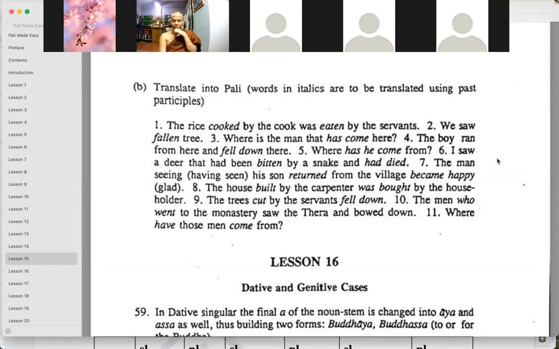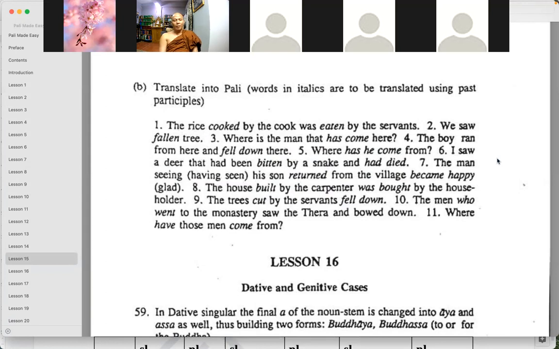Saw is the past tense of to see, so it is passimha. Fallen is a past participle, patita, and tree here is the accusative of the verb to see, so it is rukkhaṃ. So mayaṃ patita rukkhaṃ passimha. Okay, great, right.